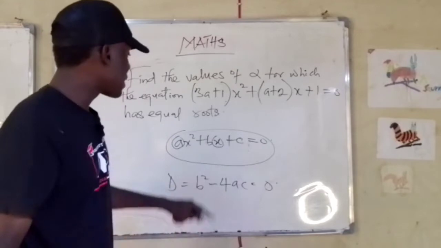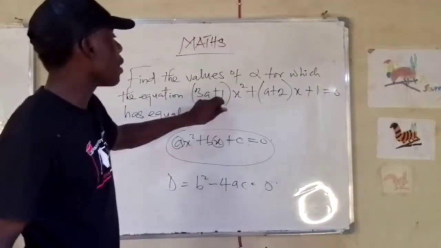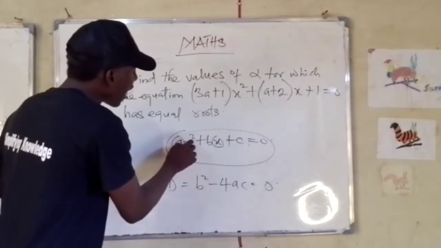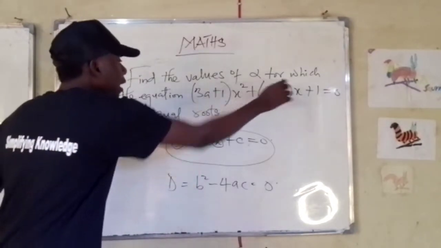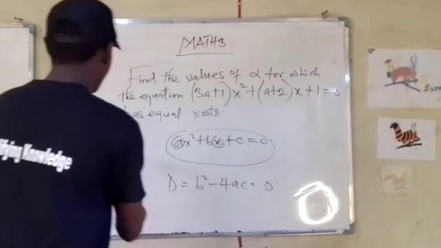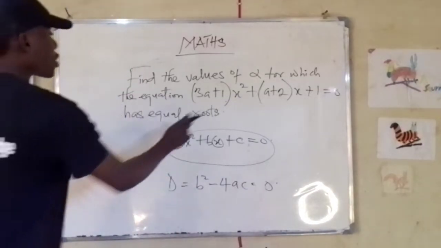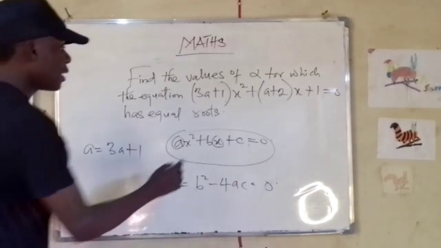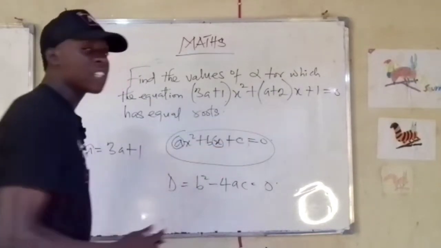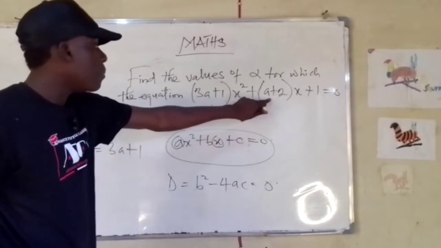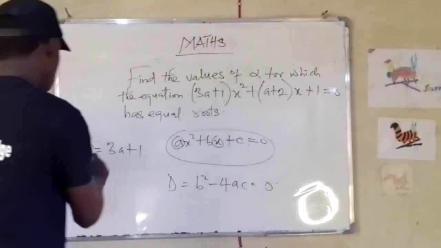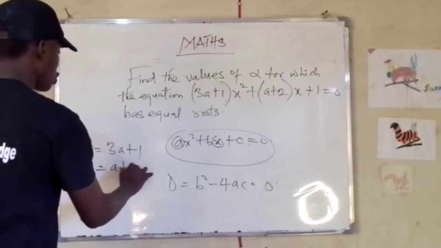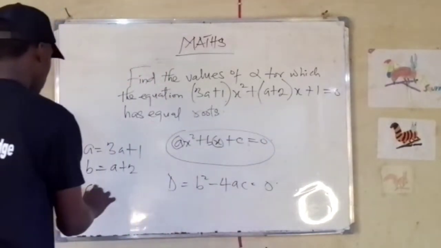If I relate the standard form to the problem we are given, the coefficient of x squared is a here. So a is equal to 3a plus 1. Now for x, the corresponding coefficient is a plus 2. So b is equal to a plus 2, while the constant c is 1.